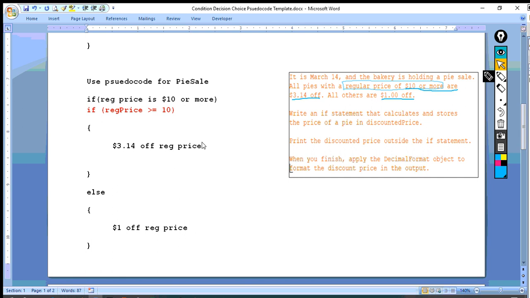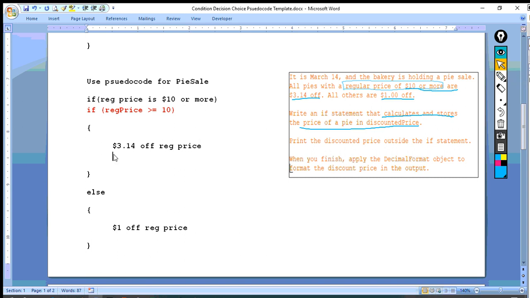have a, it says write an if statement that is going to calculate and store the price in discounted price. Oh, there's the name of a variable. All right, so the discounted price is going to hold whatever the discounted price should be.